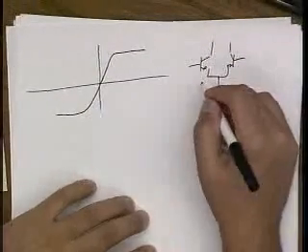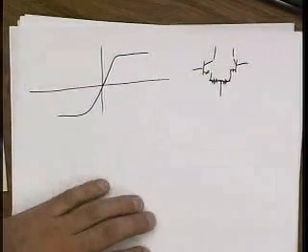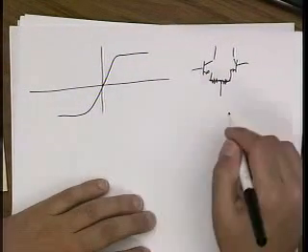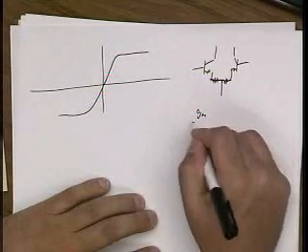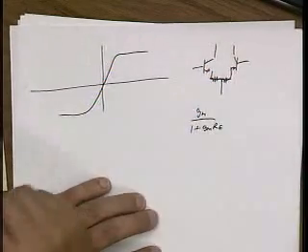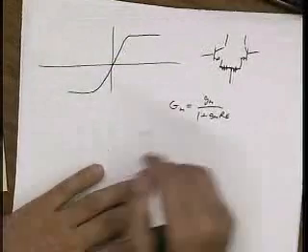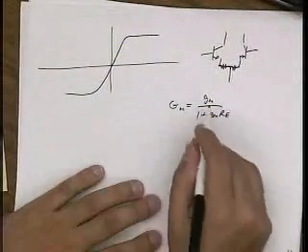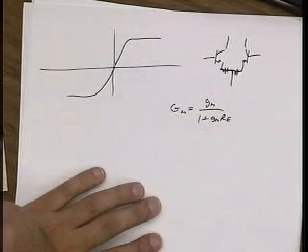Now let's say I do something terrible and put series feedback here, right? Then my GM drops by the loop gain of the series feedback. And so I've decreased my GM. So relative to I, you could see that GM over I is now lower. It's lower exactly by the loop gain.